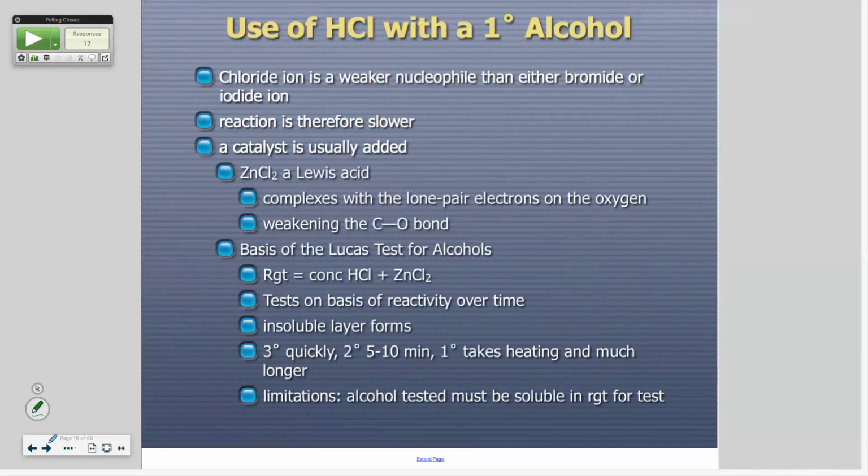A lot of times when you react with primary alcohols, the reaction is so slow that we add a catalyst. This is what you'll see, zinc chloride being added. Zinc chloride is a Lewis acid. We have not used that term very much yet. What is a Lewis acid?